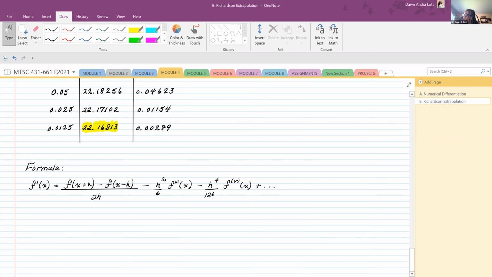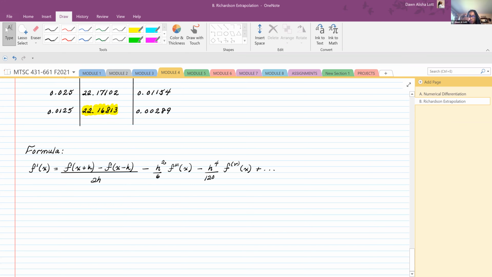Okay. So here, our error formula contains only even powers of h. So let's extrapolate to get a higher approximation with a smaller error. Okay. So we know that the x naught that we're looking at is 2.0.